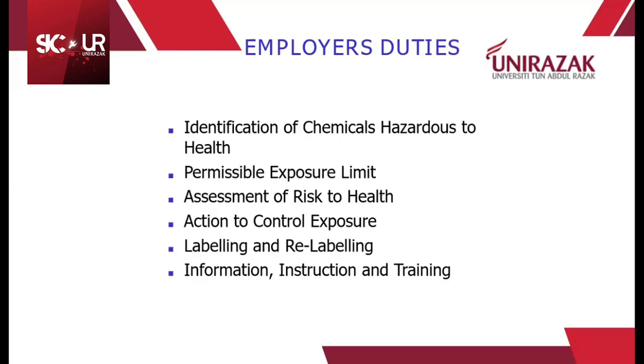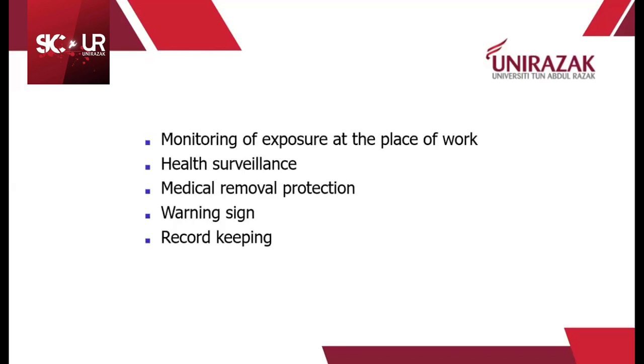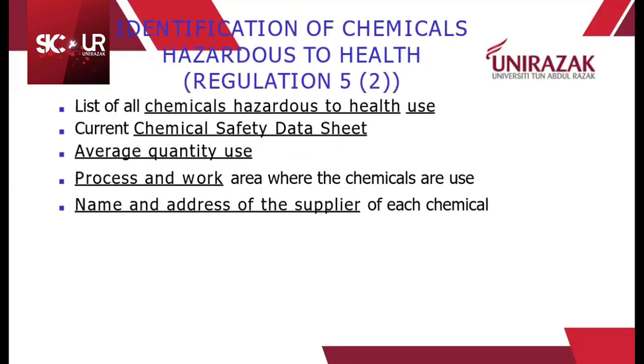So peranan employer: identification of chemical hazardous to health, PEL, permissible exposure limit, assessment of the risk to health, action to control exposure, labeling and relabeling, dan juga information, instruction, and training, monitoring exposure at the place of work, health surveillance, medical removal protection, warning signs, record keeping.